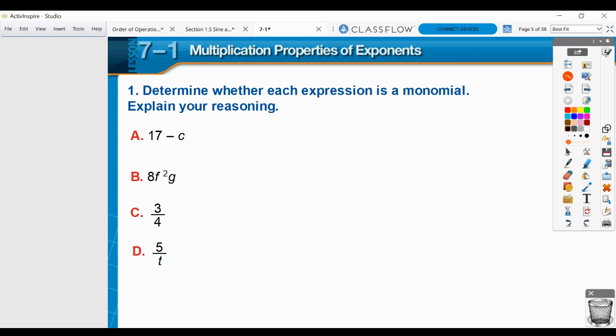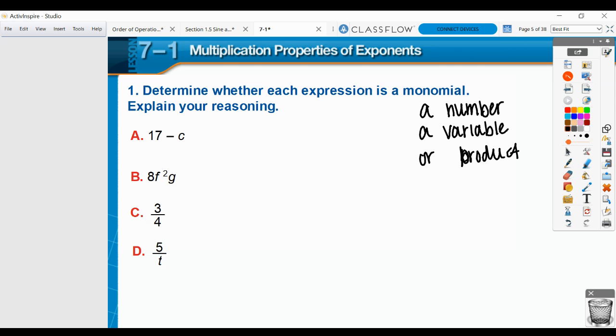Okay, so let's look at this first example. It says determine whether each expression is a monomial. So remember, a monomial is a number, a variable, or a product. Product is multiplication.